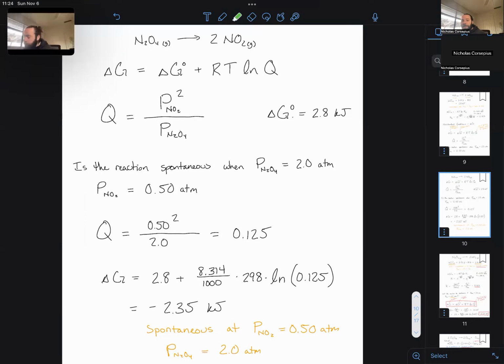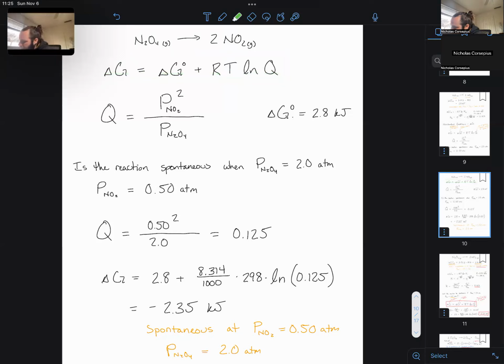So the bottom line is delta G naught is not really the most helpful thing in the world for determining whether or not a reaction is spontaneous, because the vast majority of reactions are going to be carried out at non-standard conditions, right? So delta G naught just tells you one thing, whether or not it's spontaneous at standard conditions. If you want to know whether it's spontaneous or non-spontaneous at any other set of conditions, that's when you use this equation here.